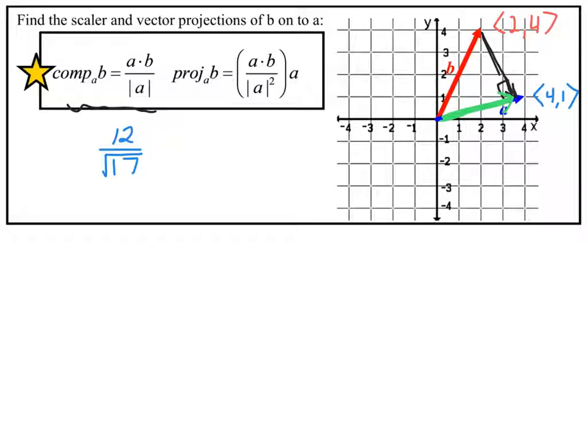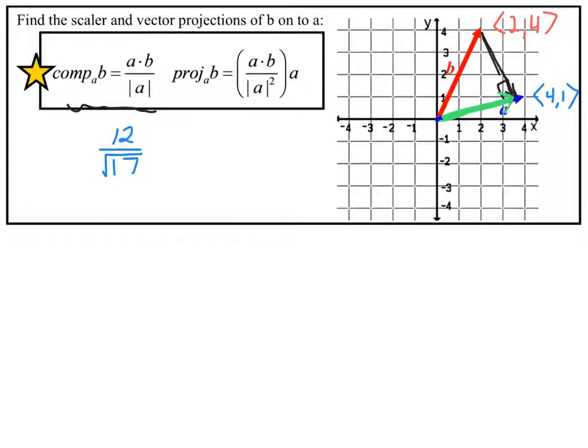Now to find the components, you recall we basically take our scalar that we've just found and multiply it by the unit vector of A. And that all simplifies down to this formula. That's why it ends up with this squared in the bottom, because essentially it was A over magnitude A and A dot B over magnitude A, so the magnitude is squared.